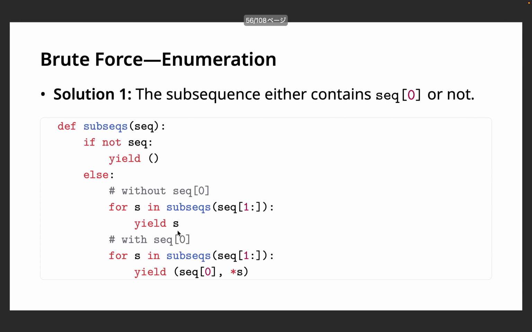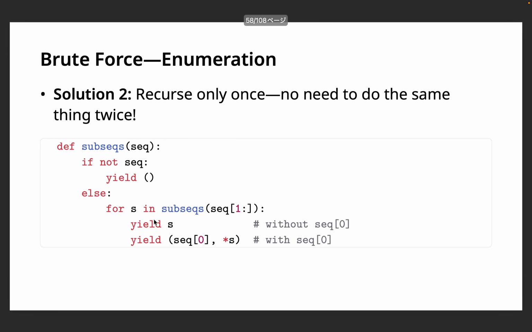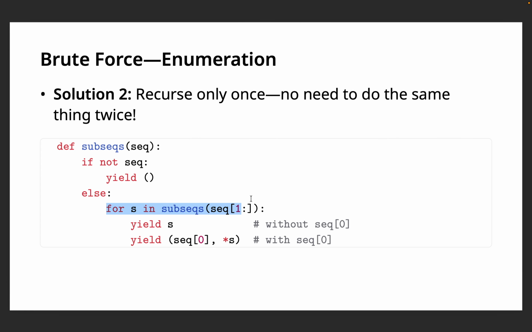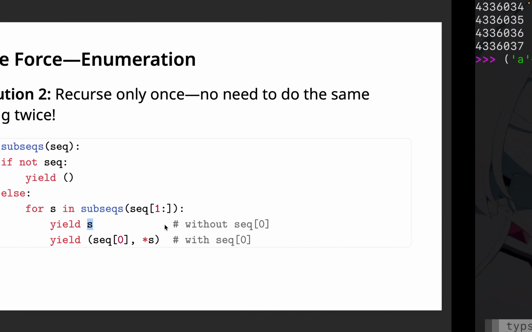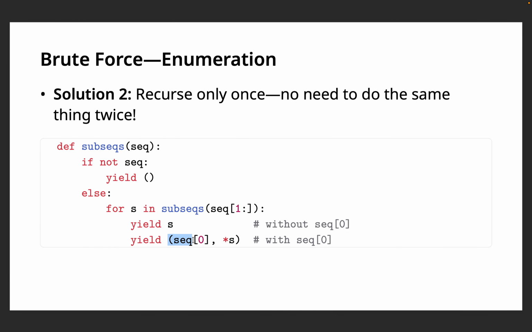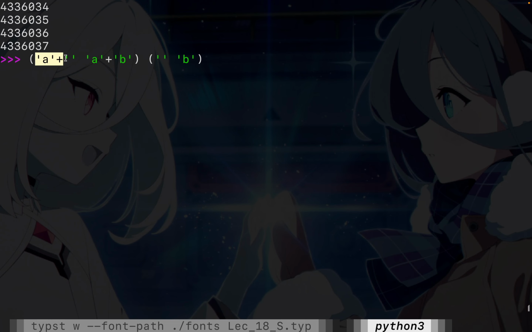Another solution is, since we're calling the very same thing over here, we can just call it once. So we can combine the two for loops over here, and inside a single iteration we yield twice: one for the subsequence without the first element, for example this empty string over here, then one yield for the one with the first element, so that would correspond to this over here.